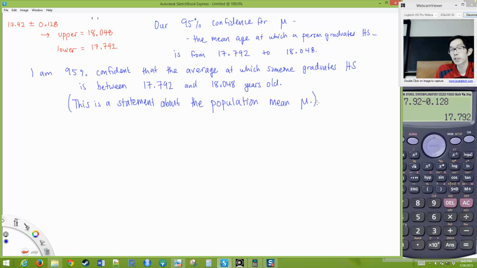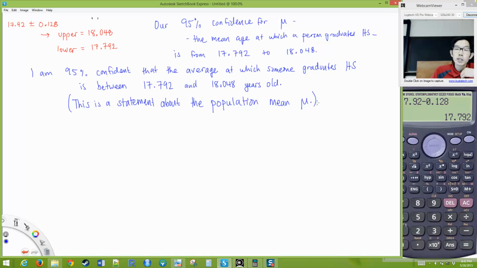It is not interesting to make statements about your sample, because that's just descriptive statistics. It just comes directly from the sample. The whole point of inferential statistics is to take your limited data, which is your sample, and then make conclusions about the population that we cannot observe directly.